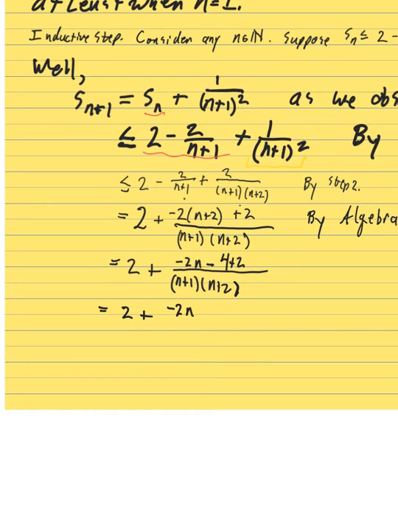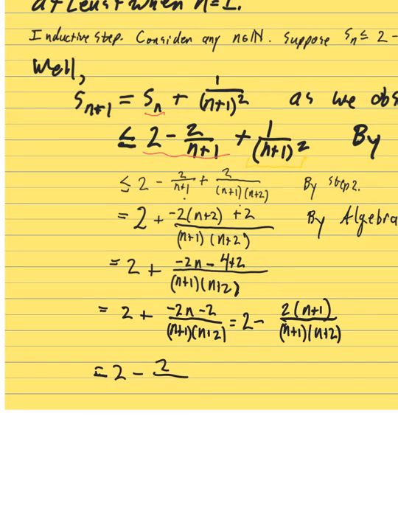Minus 2n minus 2 all over (n plus 1)(n plus 2). Let's go ahead and just pull out that negative 2. So that's 2 minus 2 times (n plus 1) all over (n plus 1)(n plus 2), equals 2 minus 2 over n plus 2, by simplifying.